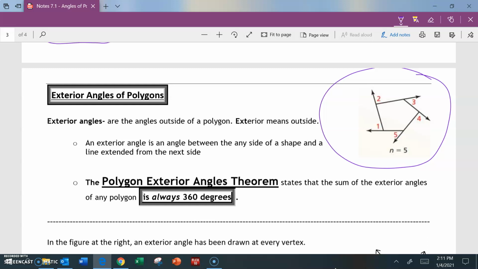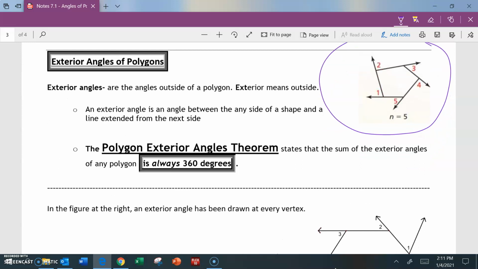And so when we start looking at other values, as the polygon gets bigger, the inside angle sum gets bigger. But what's interesting is that when you have a polygon that gets bigger, the outside angle sum always will be 360.